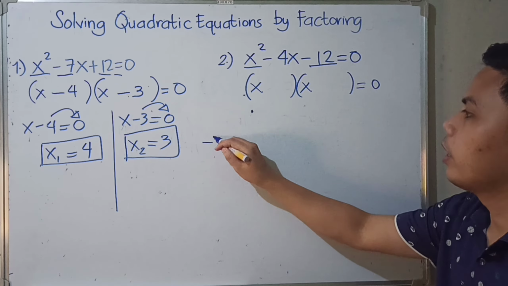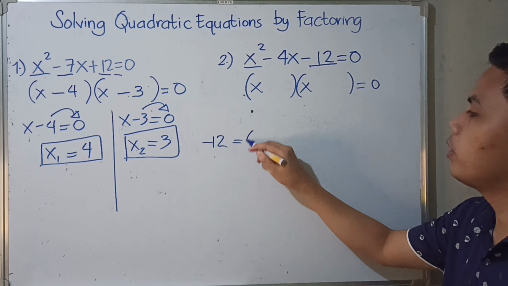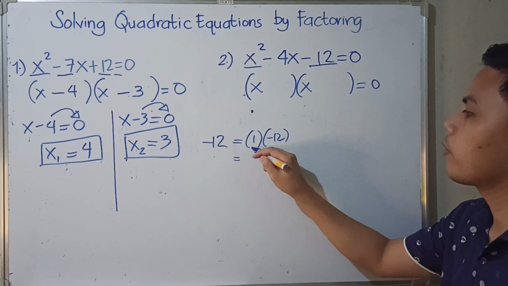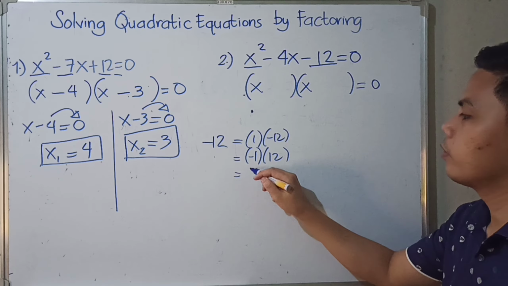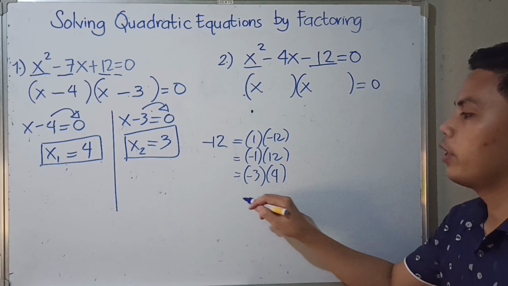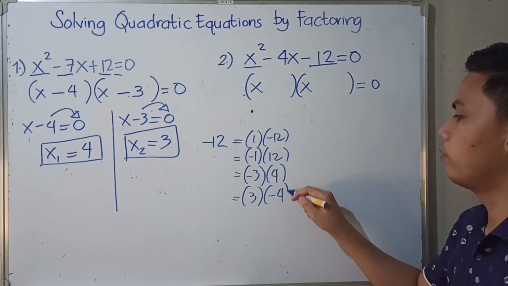Okay, let's try. Negative 12, yung factors niya would be 1 times negative 12, negative 1 times positive 12, negative 3 times positive 4, and positive 3 times negative 4.